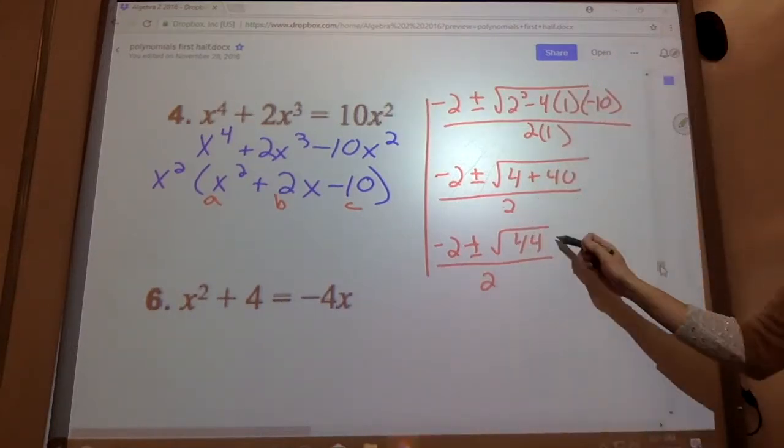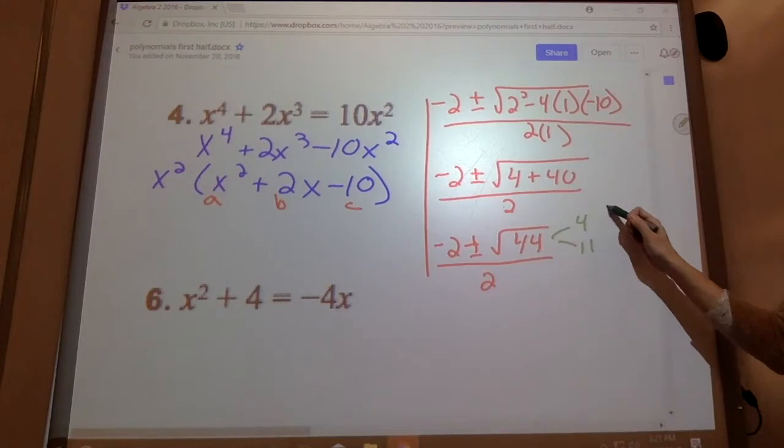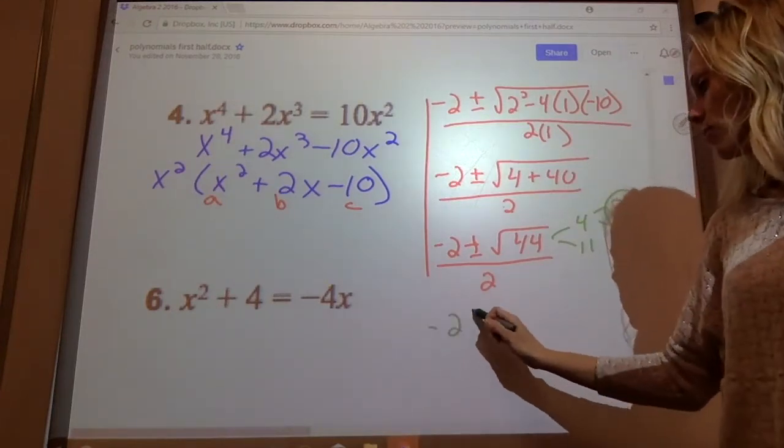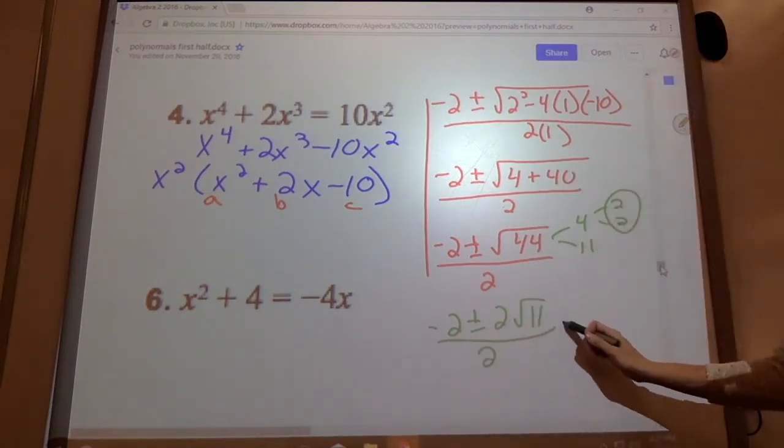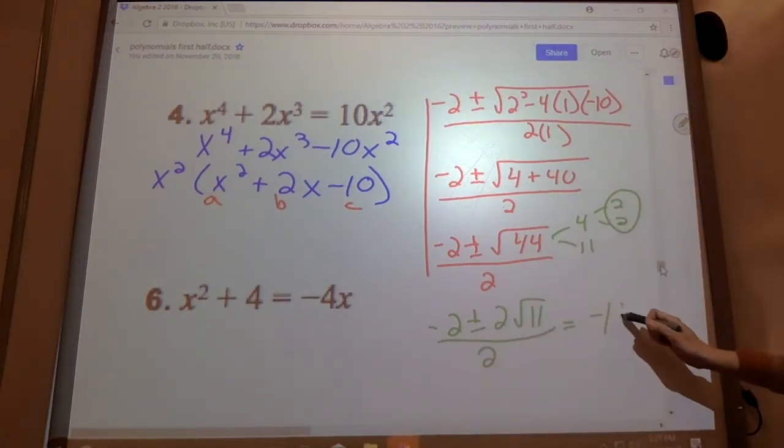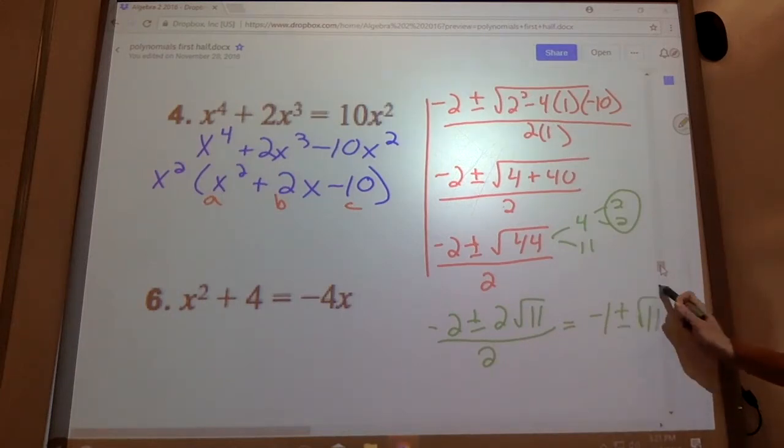But I can reduce. Take out a 2, so I get -2 plus or minus 2 root 11. And then one more step, -1 plus or minus root 11.